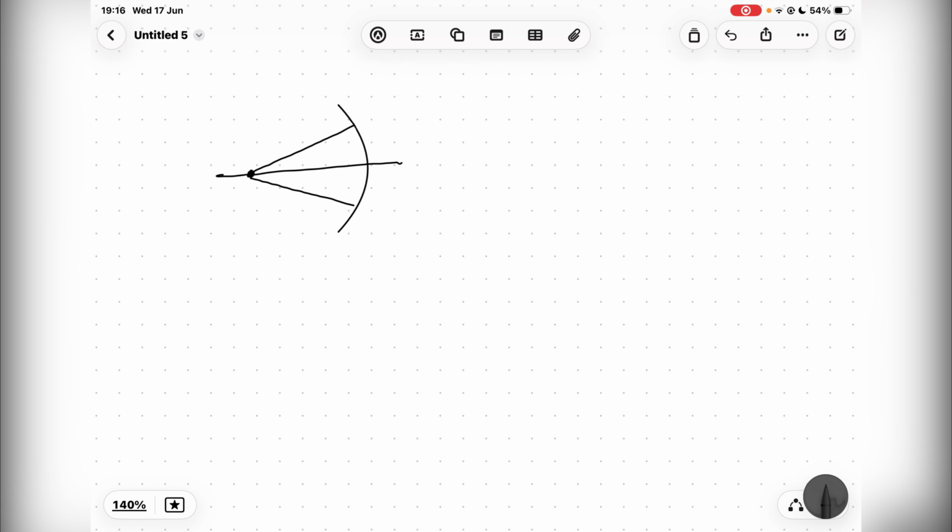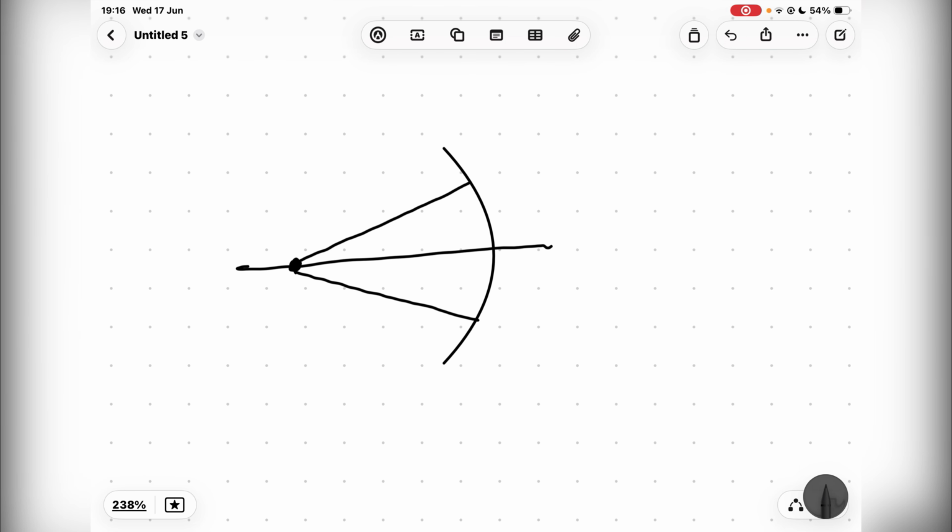It will give off a ray something like this, and these rays will get reflected according to the law of reflection.